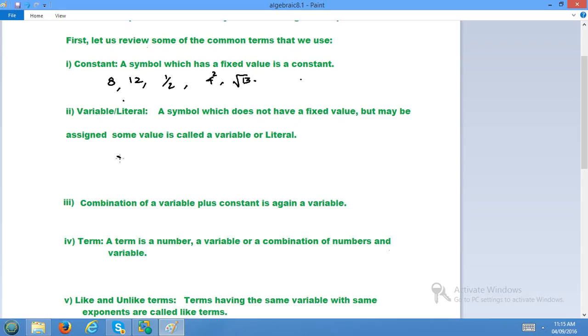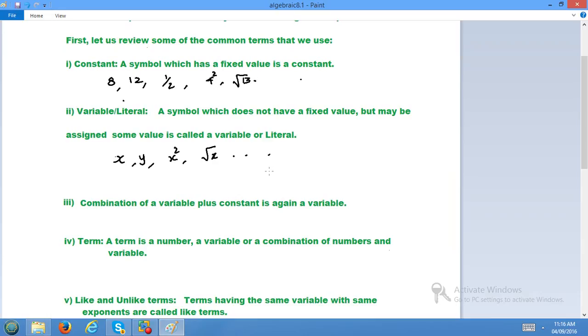We may say x. In this case, we will assign some value. x can be equal to 1, 2, 3, or some value which we assign. It can be something like y, or something like x square or root of x, or root of z, anything.